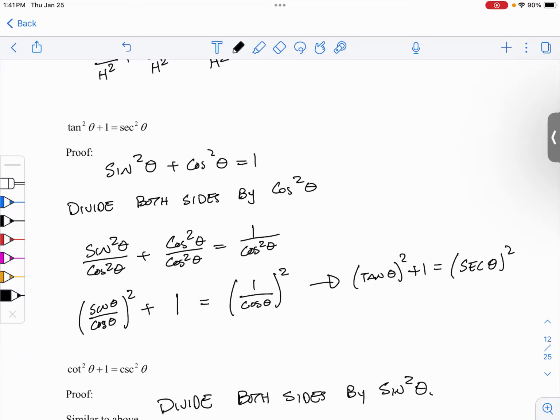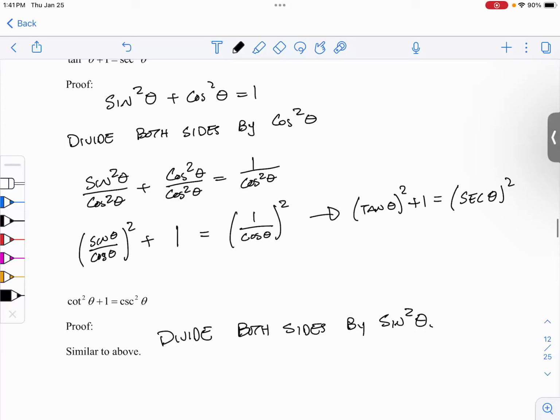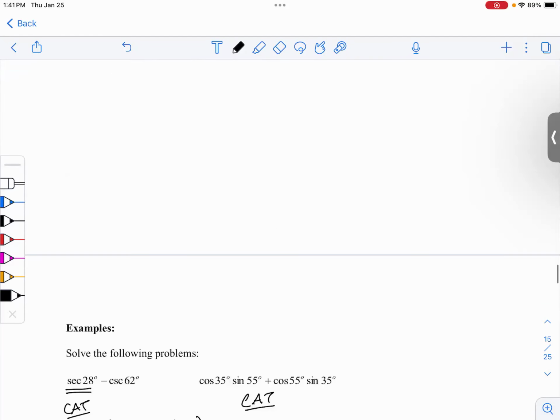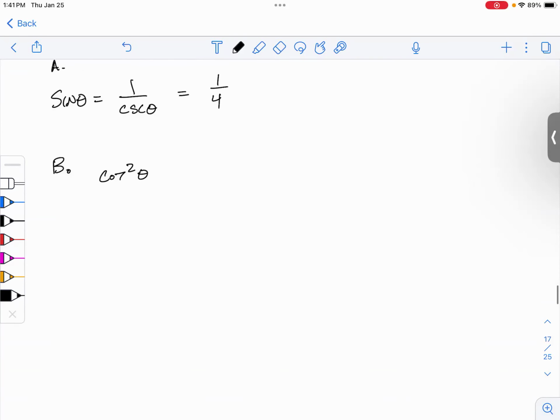Oh, look, here's a fundamental identity that involves both cosecant and cotangent. And this is the least used fundamental identity. The fundamental identity: cotangent squared plus 1 equals cosecant squared.